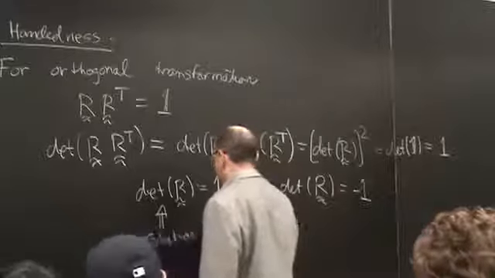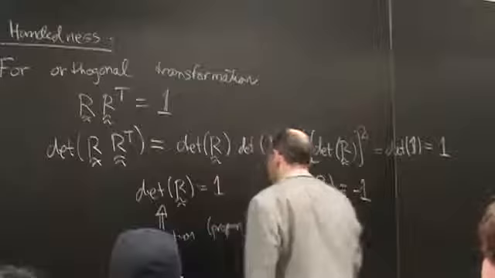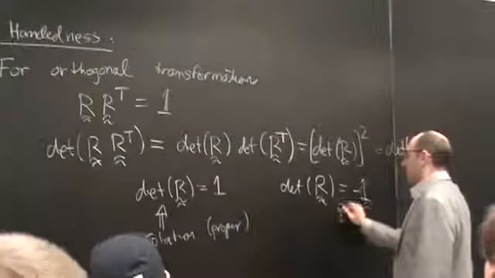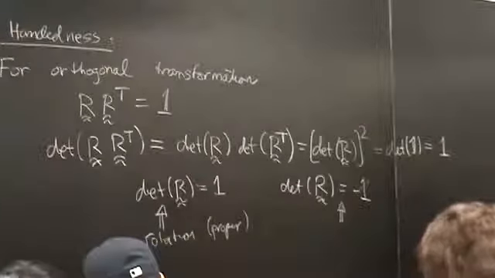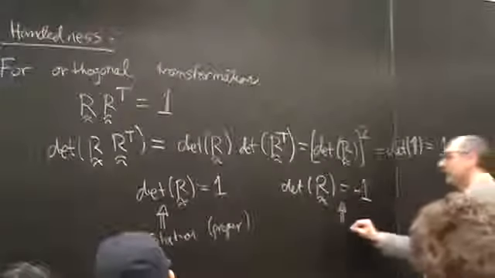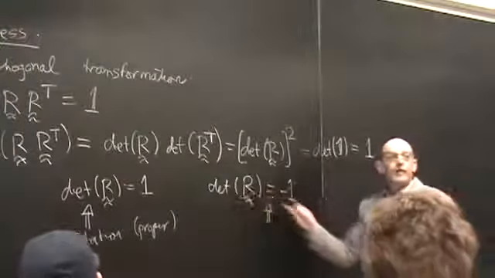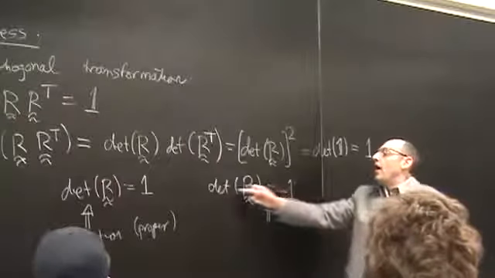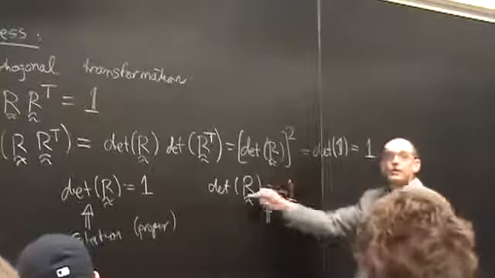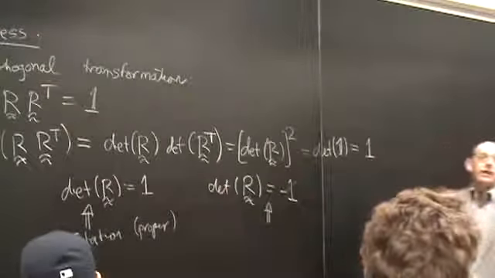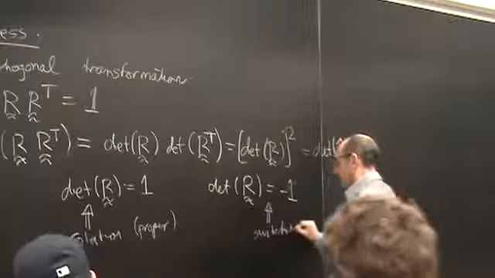They're so-called proper rotations. A transformation which does the other is sometimes called improper, though it's perfectly allowed. What kind of transformation is one which preserves the inner product, but whose determinant is minus 1? Well, something which switches the handedness.